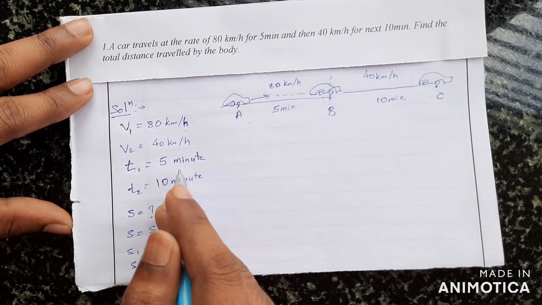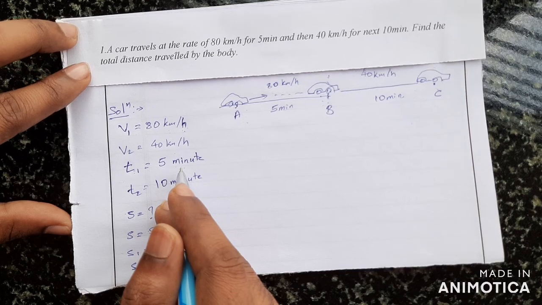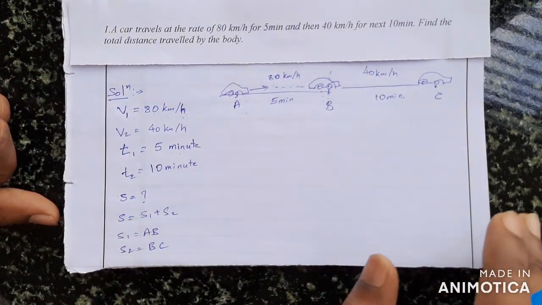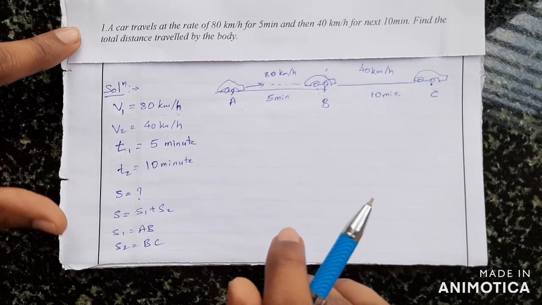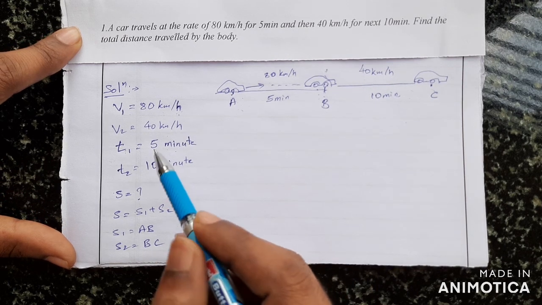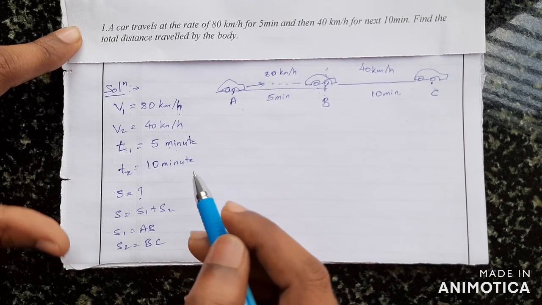Okay, so keep that in mind before we start calculating. Before we put the values into the formula, we should have all the quantities in the same unit. So in order to bring them into common units, I'll choose to convert minute to hour.